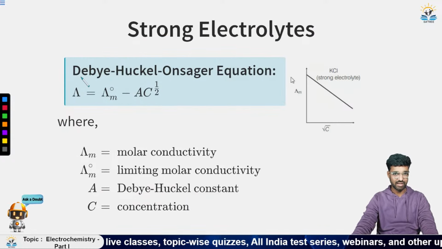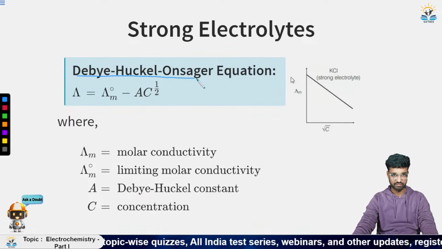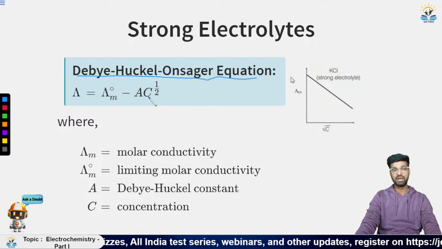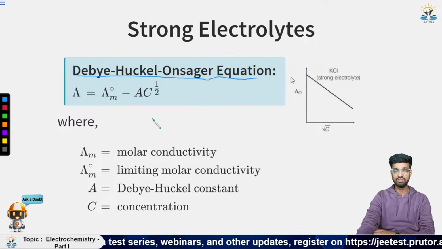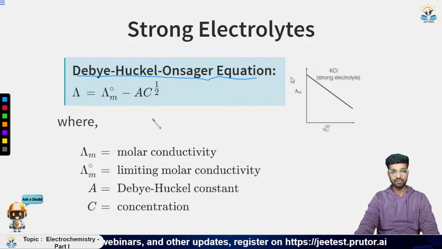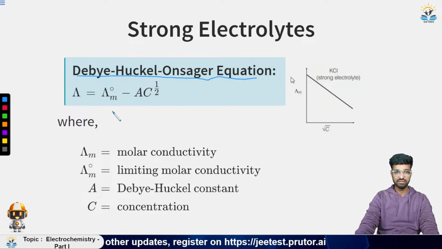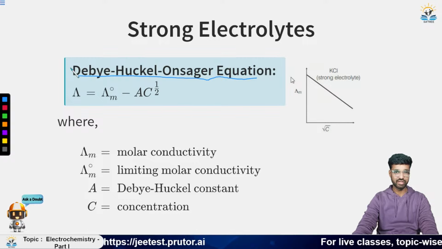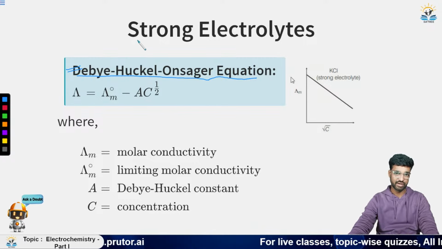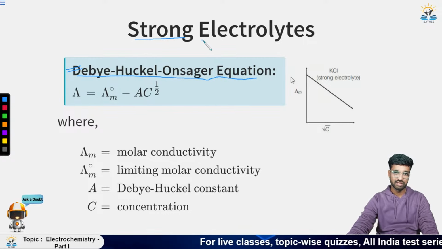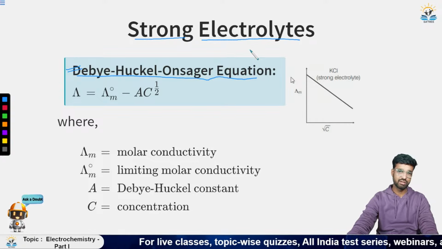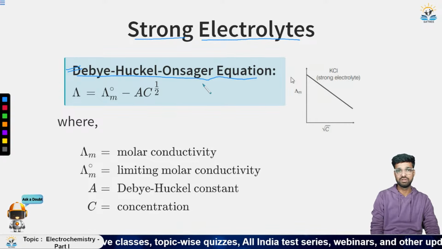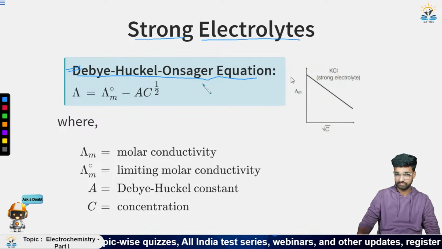Now next is the Debye-Huckel-Onsager equation. Now we will see the variation of properties like molar conductivity with concentration, and for that the first law was given by Debye-Huckel-Onsager, and it is for strong electrolytes. Keep this in mind always, that this equation is always used for strong electrolytes.